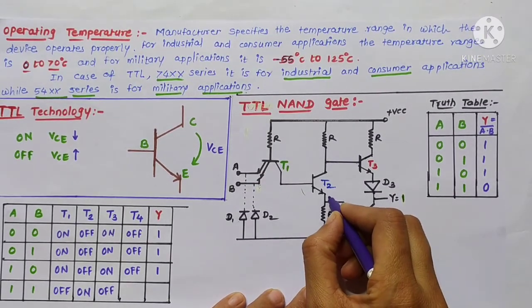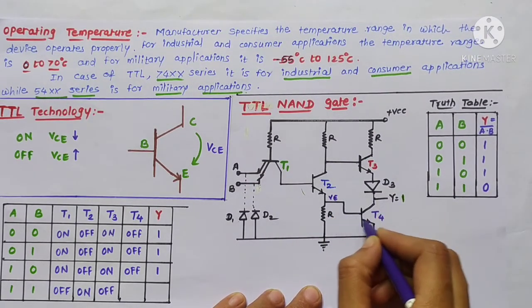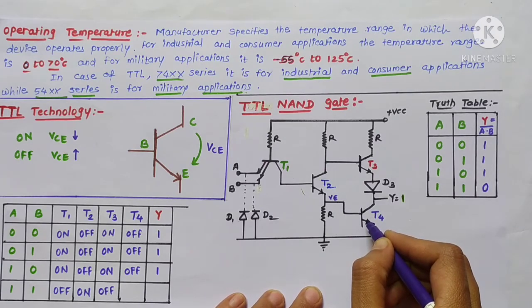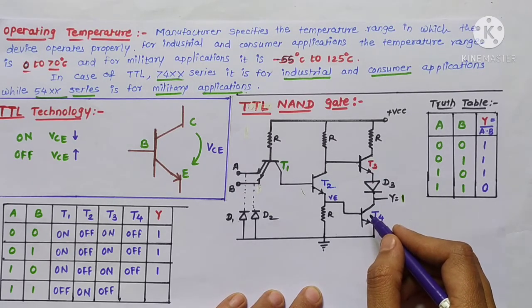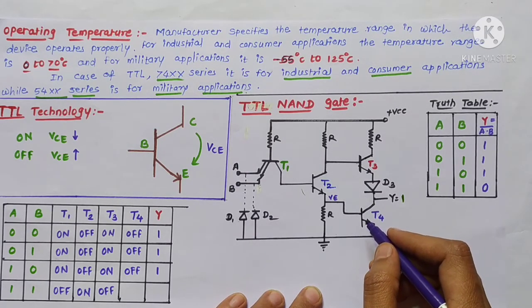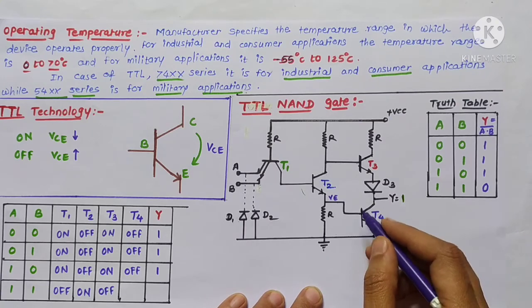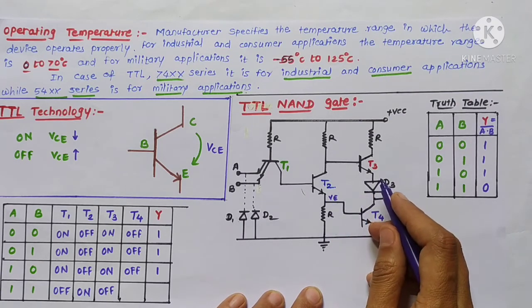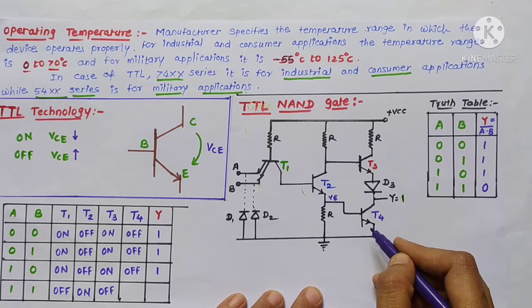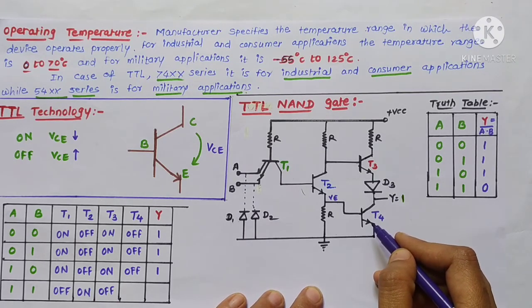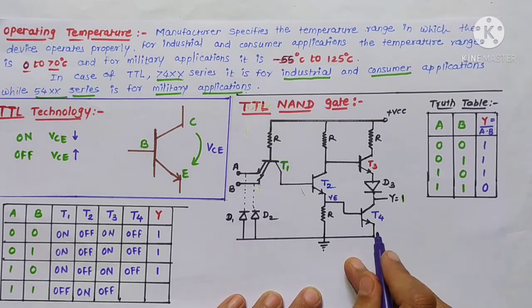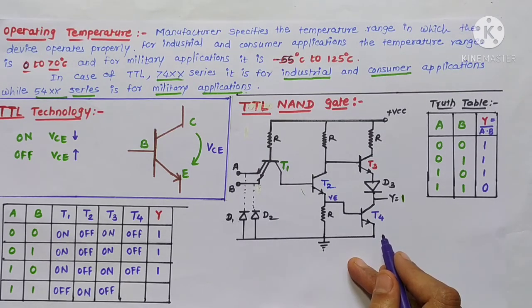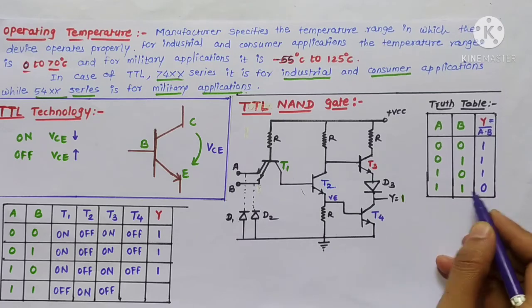Okay students, this VE, base of T4, is high. As the base of T4 is high, this is in on state. Okay students, or we can say that now T2 and T3 are off and T4 is on, thus the output becomes low through T4, and in the last case we'll get Y is equal to 0.